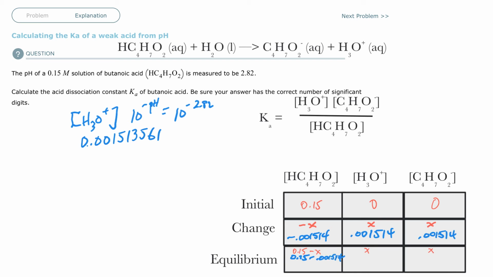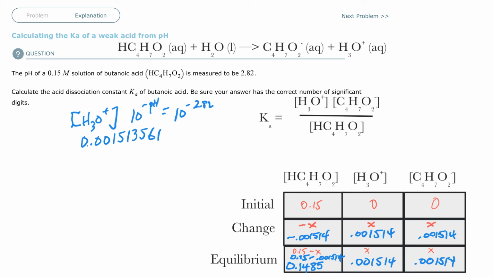Well, what is that? I'll just do it to 4 places. That's going to be 0.1485. Okay, and then this is X again, 0.001514 and 0.001514.